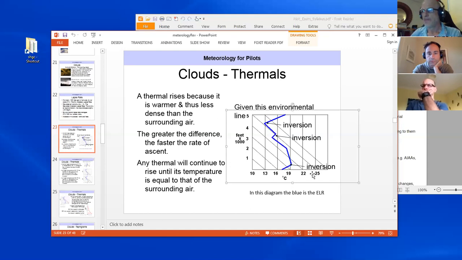So the wider that gap, essentially the more energy there is. Basically, it means there's a bigger temperature difference. If your thermal is at 22 degrees and the surrounding air is 15 degrees, it's going to rise faster because there's that much more temperature difference. That's all that's about.